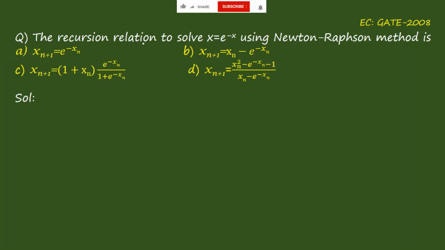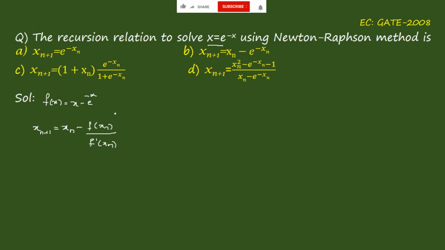The question is: the recursion relation to solve x is equal to e power minus x using the Newton-Raphson method is? We have to find the iteration relationship for the function x is equal to e power minus x. So we can consider f of x is equal to x minus e power minus x. The Newton-Raphson formula is x of n plus 1 is equal to x of n minus f of x of n by f dash of x of n.